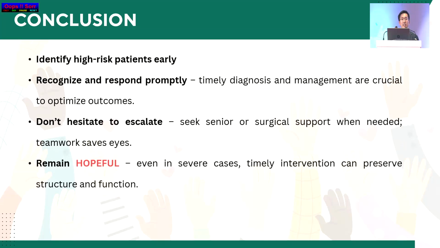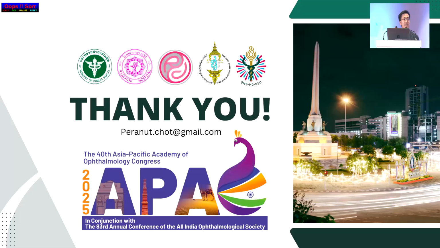If you have any suspicious sign of suprachoroidal hemorrhage, just close the wound or call the senior and ask for any surgical support when needed. And as the topic asks, is there any hope? Actually, the hope is not the patient or disease. It is us. We are the hope for the patient. So remain hopeful. Even in the severe case, timely intervention can preserve structural and functional outcome of the eye. Okay, thank you.